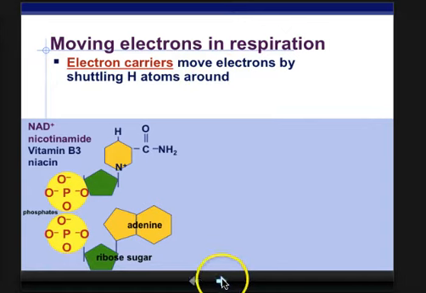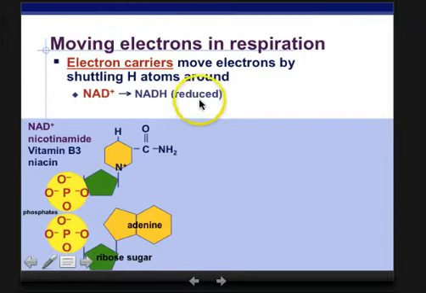The major one we're going to talk about is NAD+, which becomes NADH when reduced, and FAD+2 that becomes FADH2. NAD+, this is a picture very similar to what's on page 163, just so you can look at the structure.